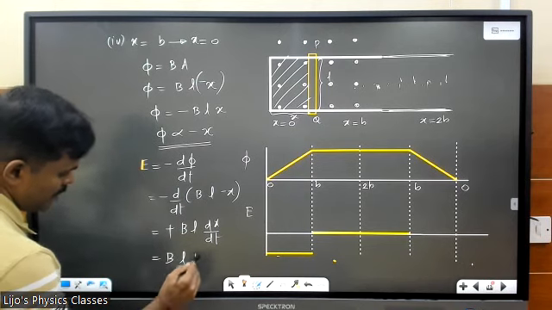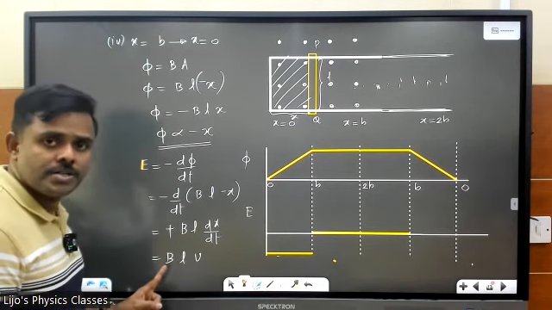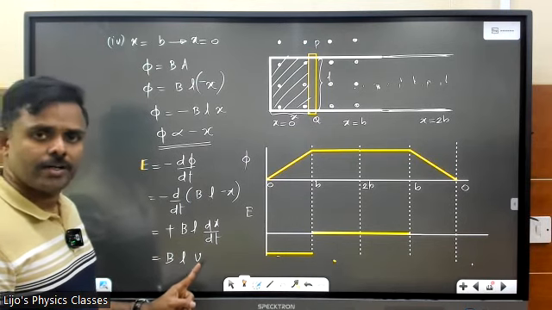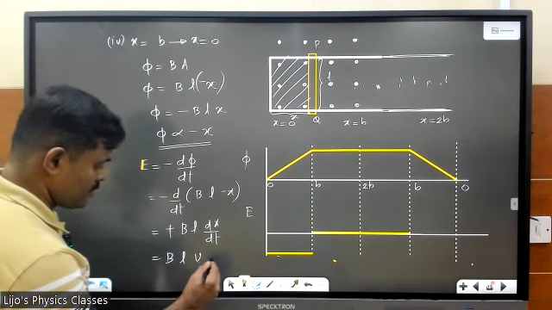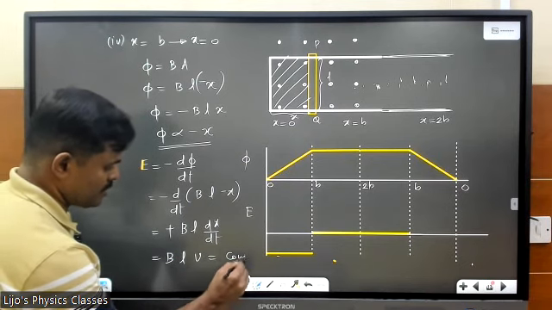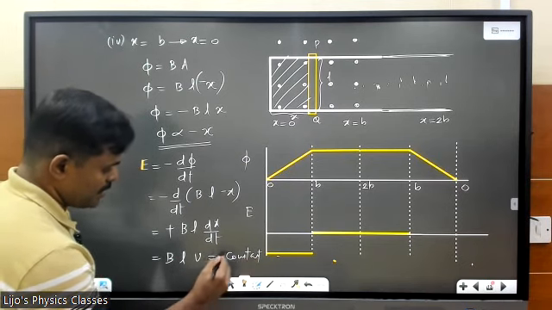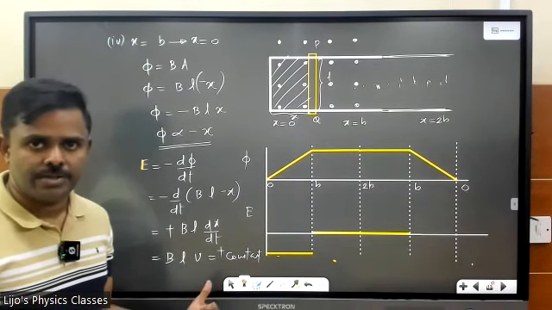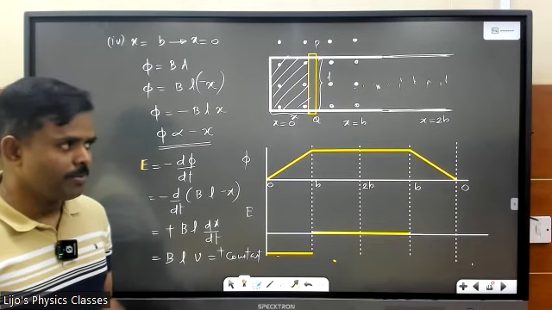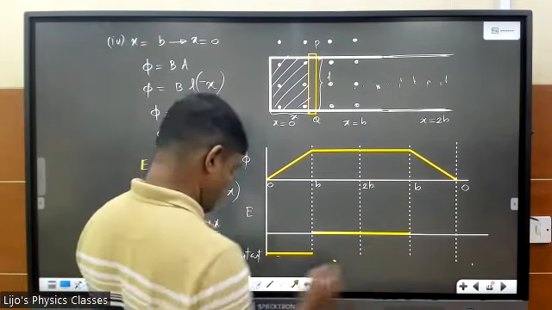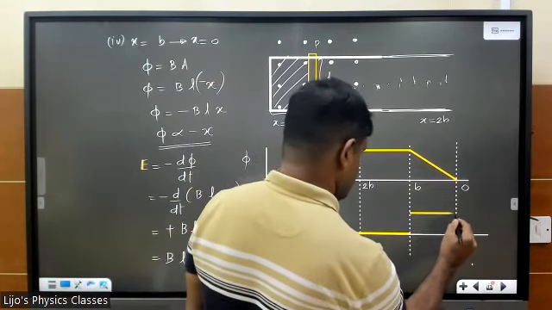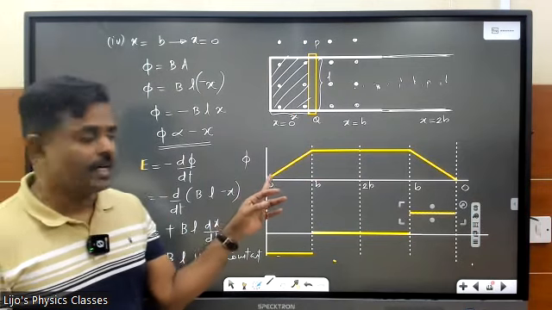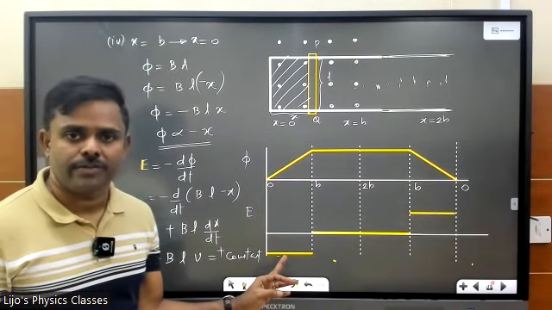So B into L into V. B is a constant, L is a constant, and V is also given to be a constant in the question. So that will give you a constant. But it is a positive constant this time. In segment 1, that was a negative constant. In segment 4, this is a positive constant. So it should be drawn this way. This is the shape of the graph for flux, and this is the shape of the graph for EMF.